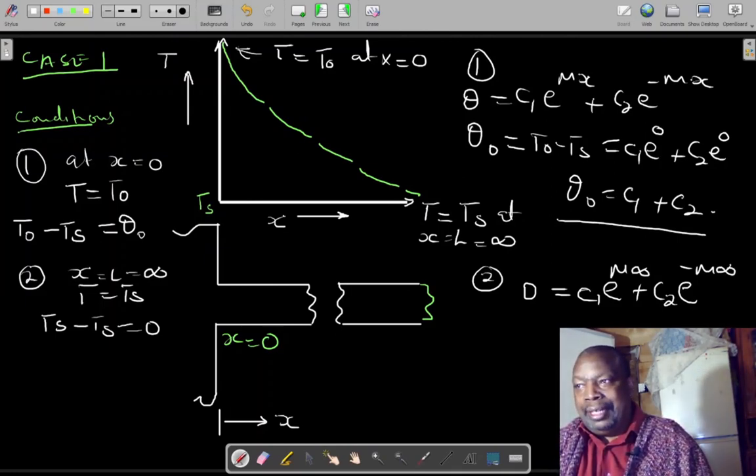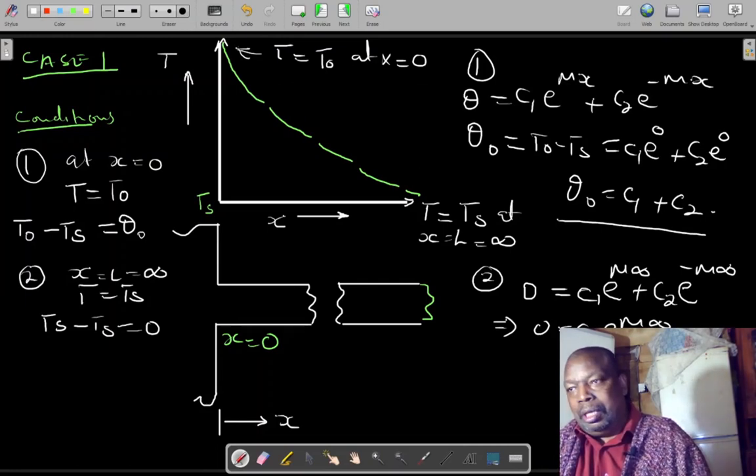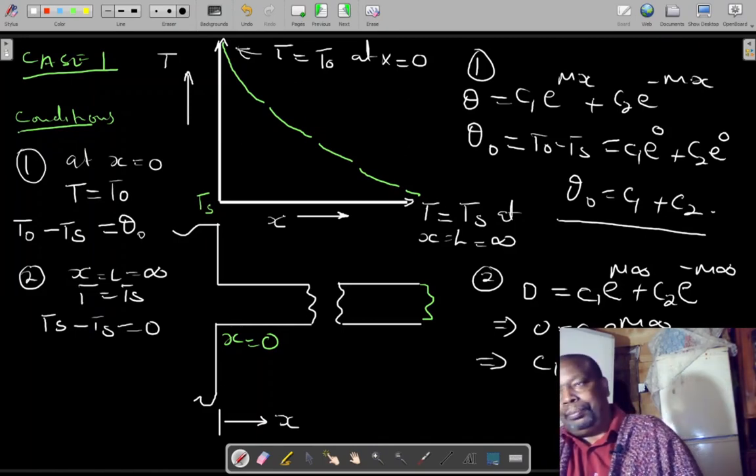But you know that e raised to the power of minus m times infinity is 0, so it implies that 0 is equal to C1 e raised to m infinity, which implies further that C1 is equal to 0.